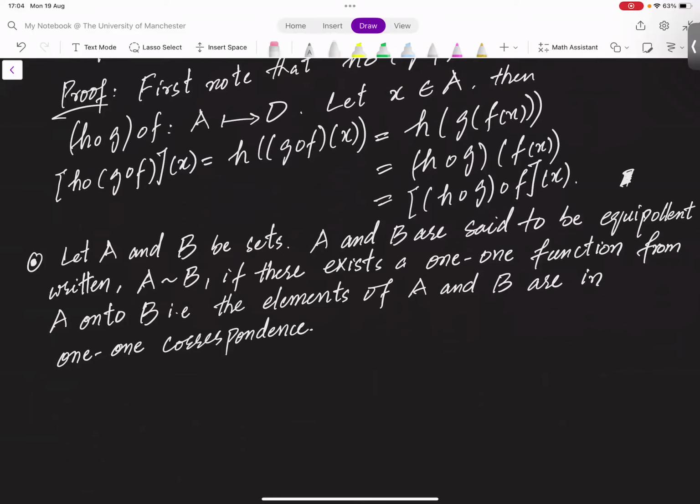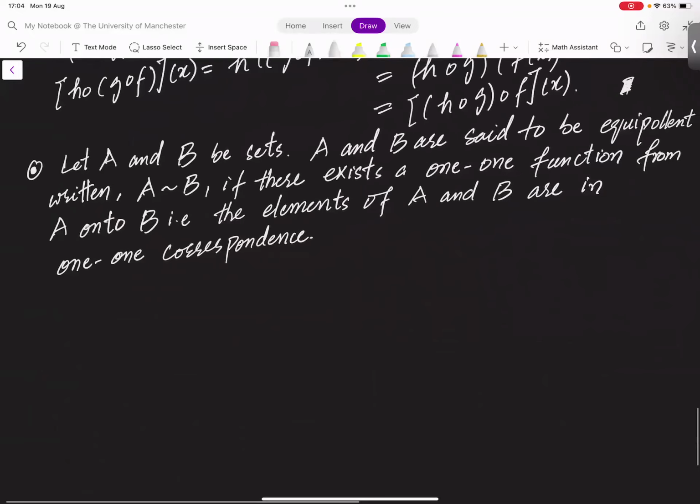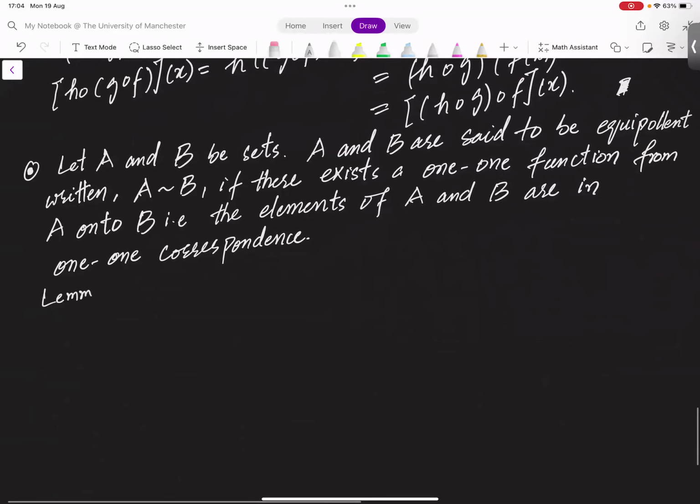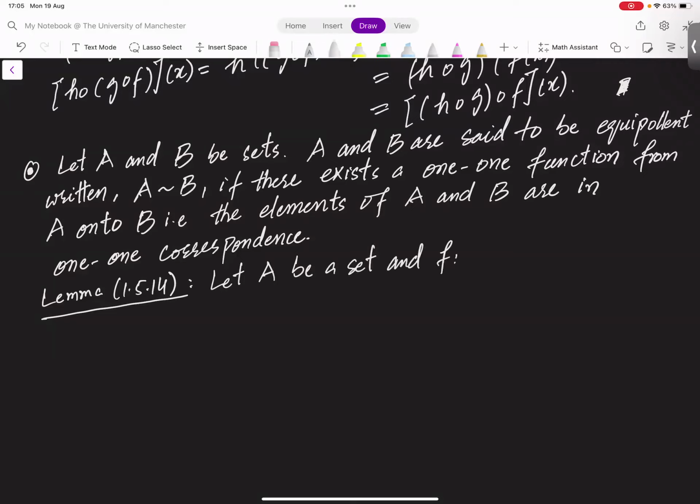So let's talk about the lemma. Now we have a lemma. Lemma 1.14 says that let A be a set and f from A into A be a 1-1 function.